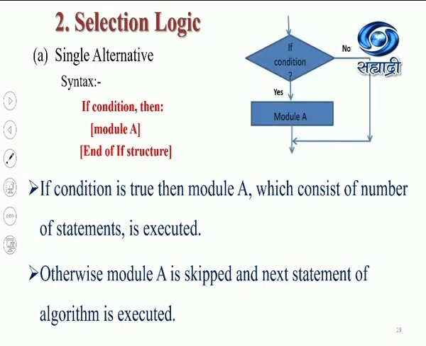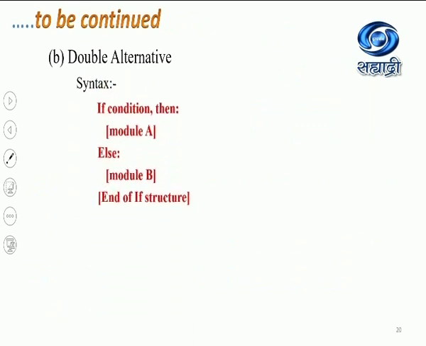Second, this is the flowchart for the single alternative. Here, if this condition is true, then it goes to module A. Otherwise, it will skip module A and go to the next statement after module A. In the double alternative, there is the else part. So you have to write the condition, and if this particular condition is true, then module A will be executed.